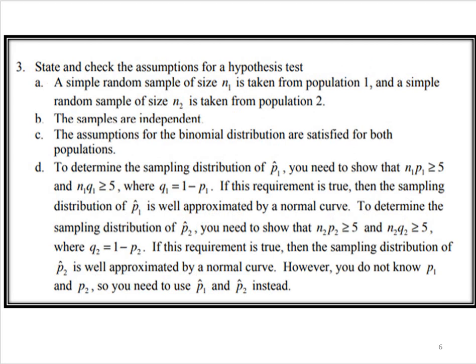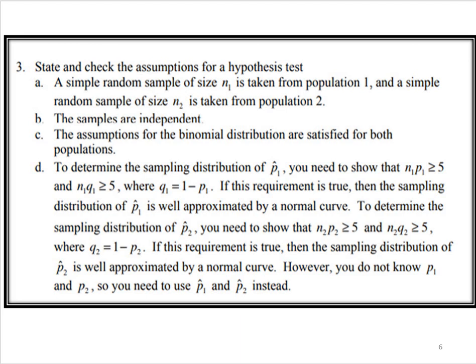Now, check the assumptions for a hypothesis test. A simple random sample of size N1 is taken from the first population and one of size N2 is taken from the second population. So we have two populations, and we take a sample N1 from the first population and a sample N2 from the second population. Then the samples are independent.